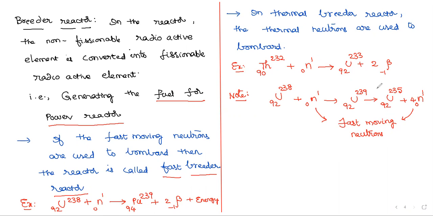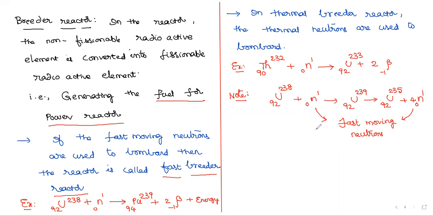That's why the transmutation is different. Both 2 MeV and 1.5 MeV are fast moving neutrons, so we use the name fast moving neutron, not prompt neutrons. Prompt neutrons are those released in the uranium-235 process.